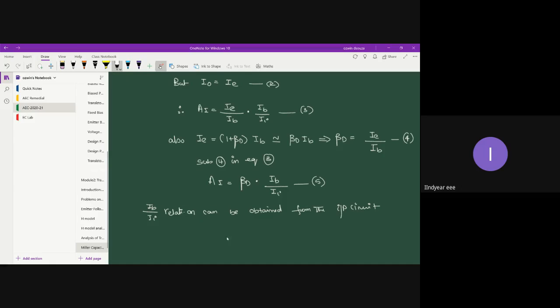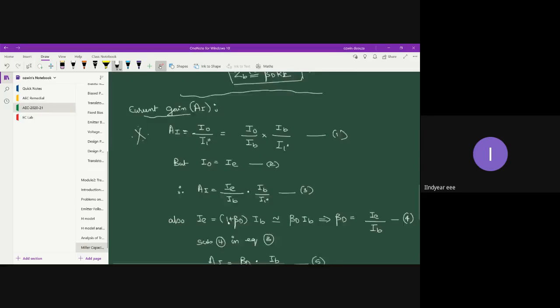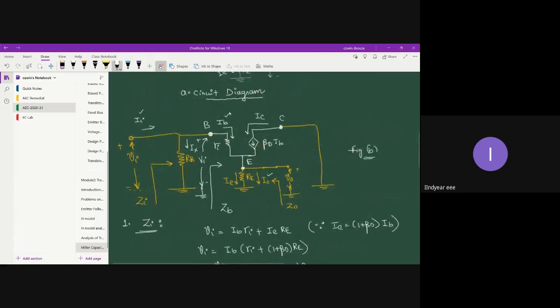So let us apply KCL at node B dash. B dash and B are one and the same; I don't want to erase B, so I'll just take B dash. If I apply KCL at B dash, what do we get? Summation of incoming current is equal to outgoing current.